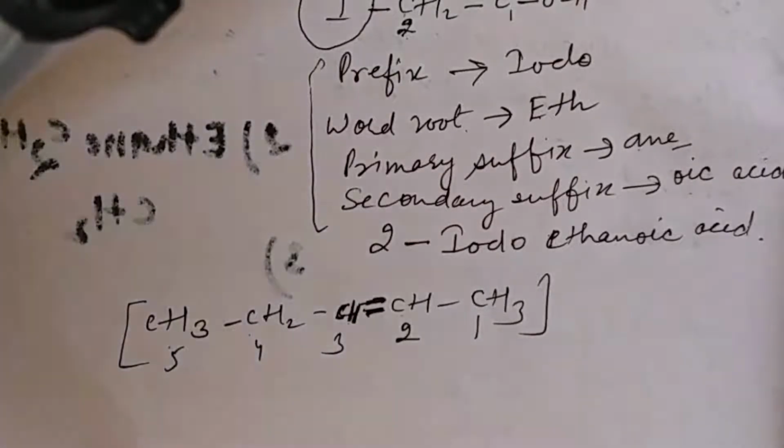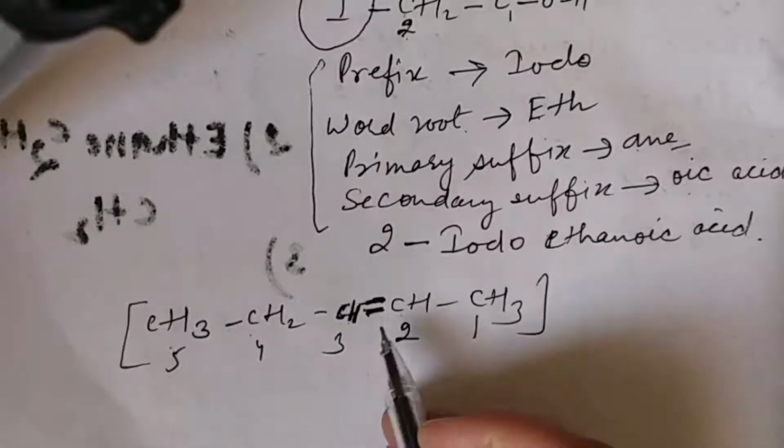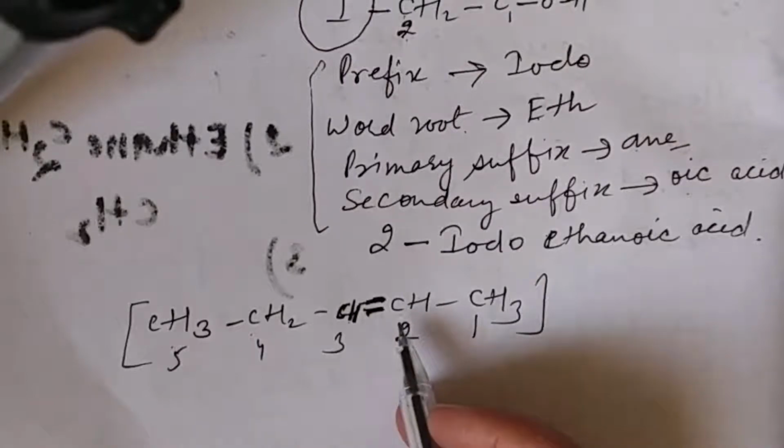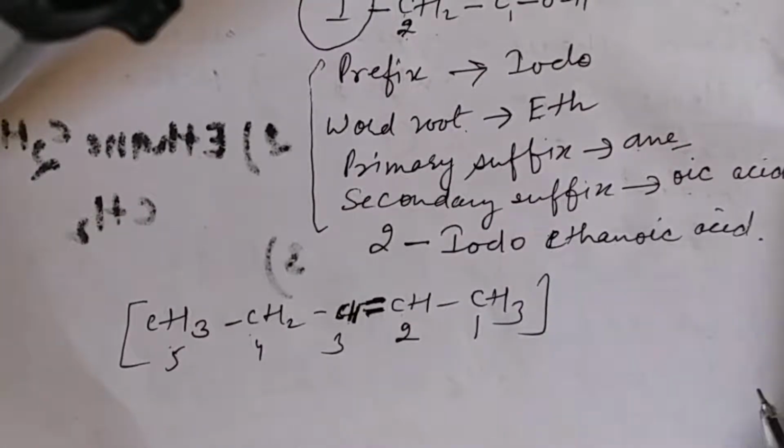As we have already discussed about the hydrocarbon family, in which alkenes, alkynes and alkanes are there, you have to keep in mind the position of the double bond or triple bond, and give it the correct method of numbering.